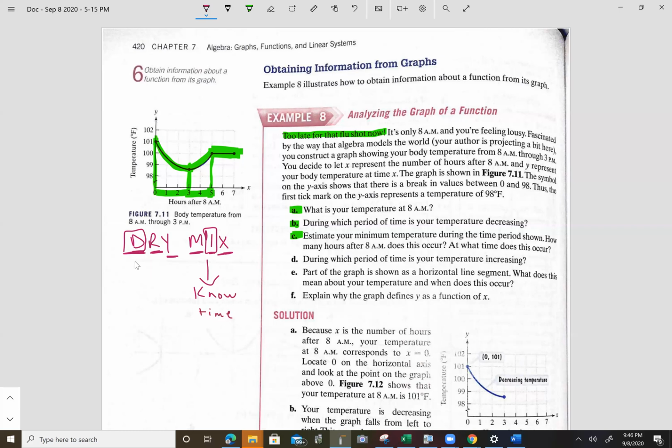What you need to find out is your temperature. I know it's 8 a.m., then I need to take my temperature. I know it's 1 p.m., now I need to take my temperature to figure it out. It's not that you know your temperature is 101 and you need to find out what time it is. I guess there could be something like that, but it really doesn't make any sense in this situation.